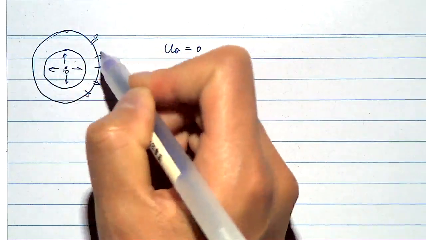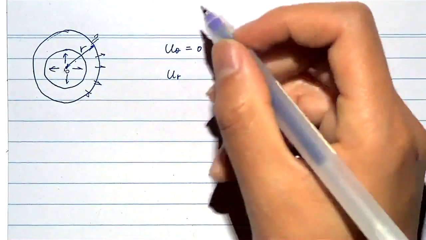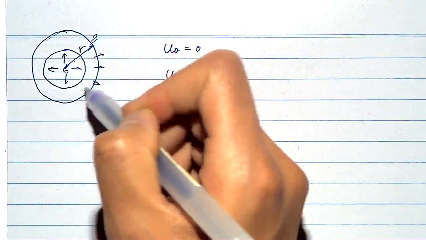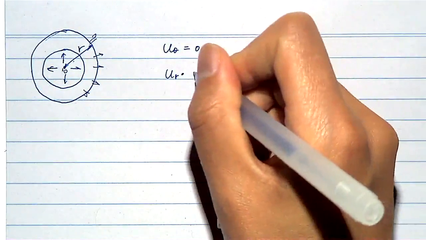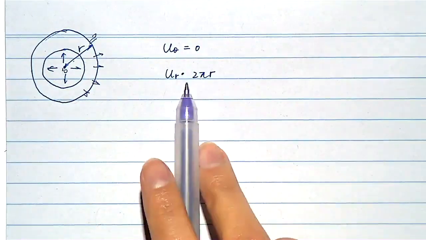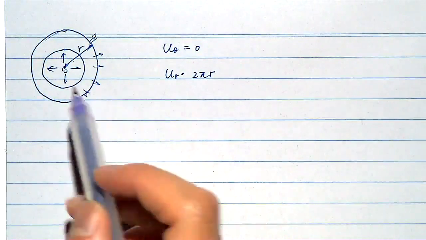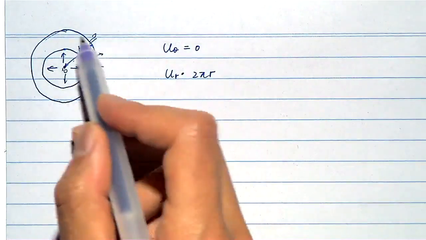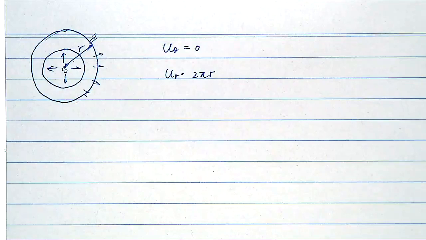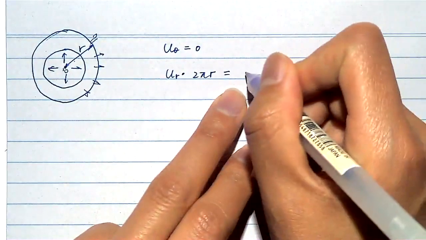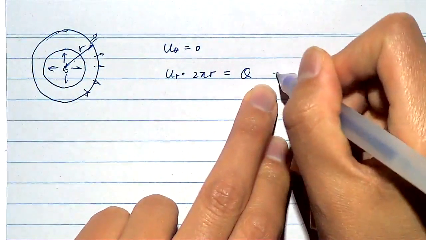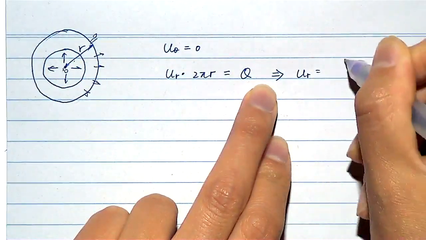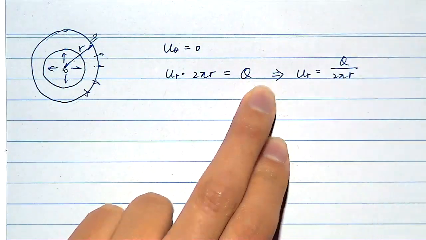If I take this circle as an example and say the radius is r, the integral of the velocity around this circle should be u_r multiplied by 2 pi r, because we assume it is symmetric, so u_r is the same at all points. And this should equal the volume flow rate q, which has been given to us. So we find that u_r is equal to q divided by 2 pi r.